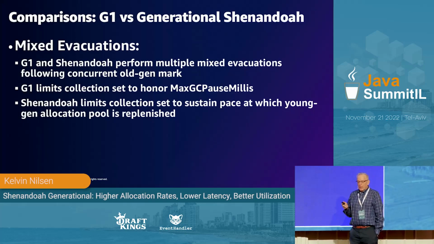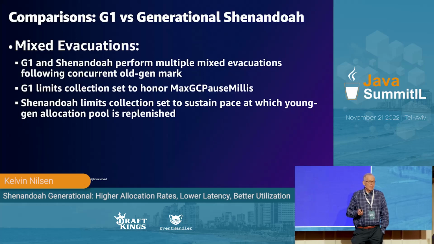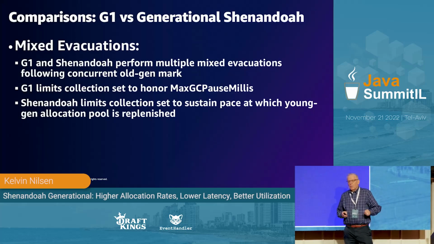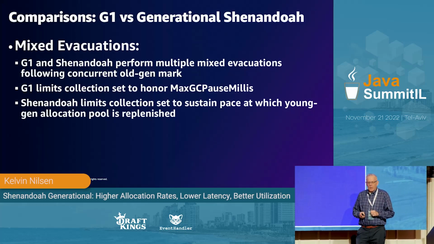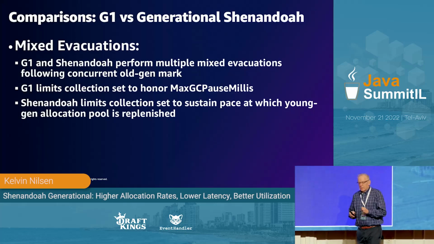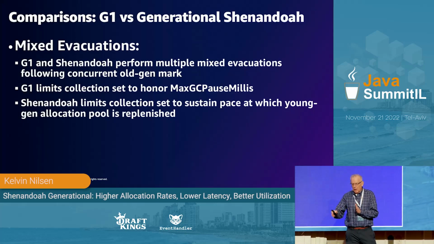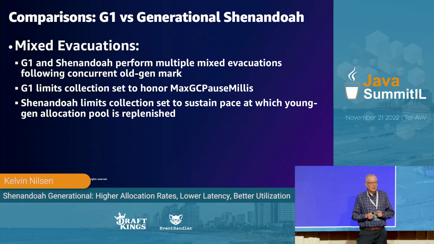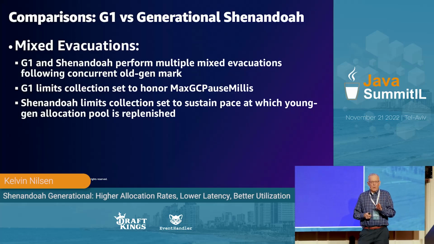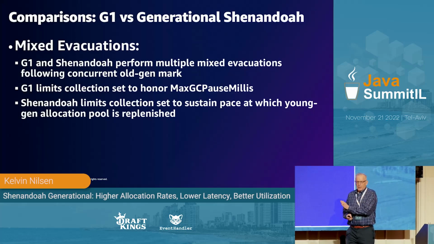With Shenandoah, we do the same thing. We limit the size of the mixed evacuations, but not so much to honor max GC pause millis, but more because we want to make sure we do not disrupt the cadence of young gen collections.